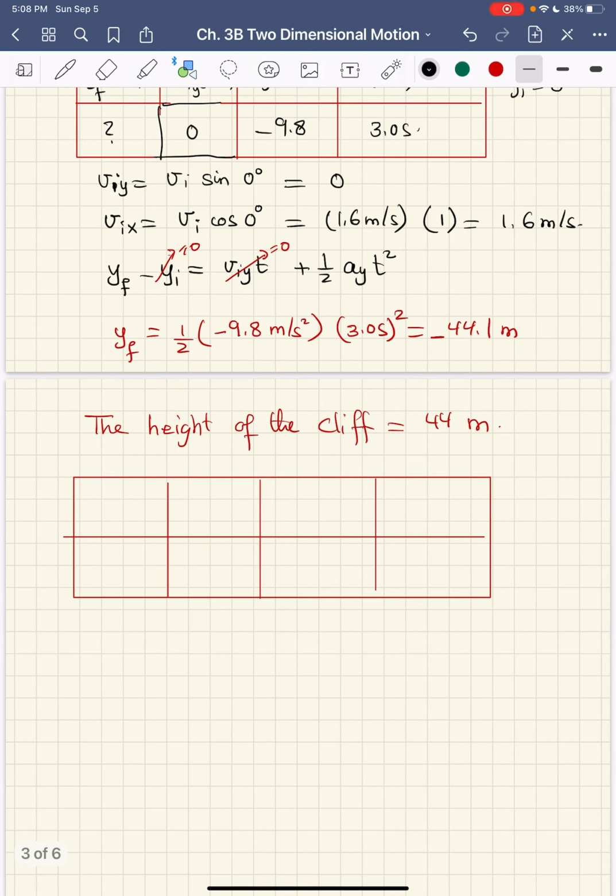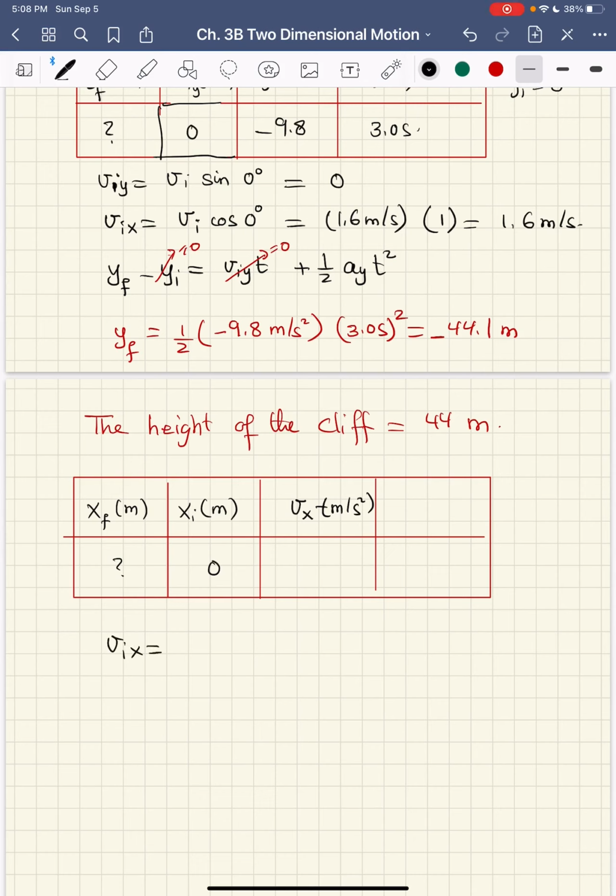Then here I want to find the x final in meters. xi is 0, and my vx is the same as my vix.